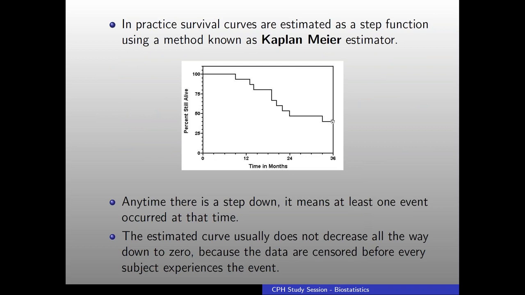But when our study ends is when we stop observing. So this step function is not going to go all the way down to 0. It could, but if not everyone experiences the event during the time we were studying them, it will not go all the way to 0. One common way of estimating the step function is called a Kaplan-Meier estimator, and the curve that I've shown is sometimes called the Kaplan-Meier curve.